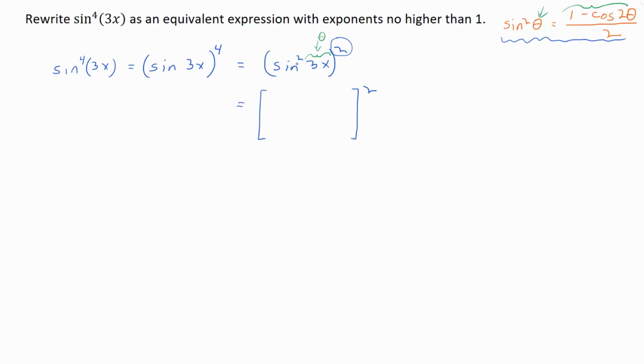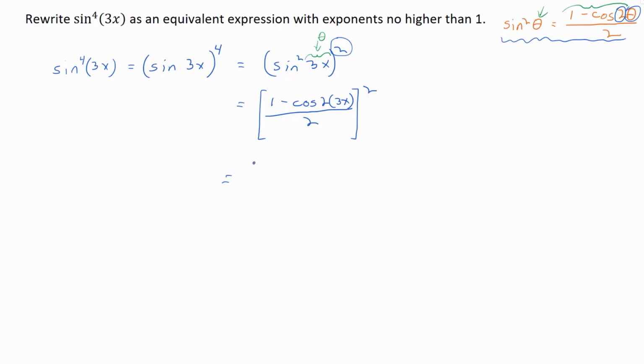And then on the inside, I'll put the power reducing version of this, which is 1 minus cosine of 2 theta, but theta is 3x. So it's this 2 right here, and then 3x where the theta is, all over 2.